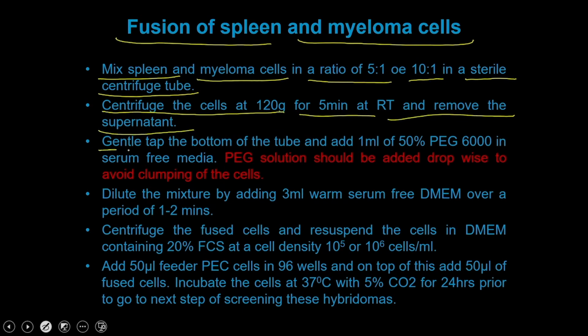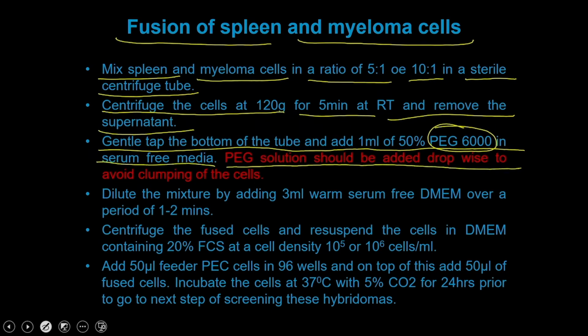Now, gently tap the bottom of the tube and add 1 ml of 50% polyethylene glycol or PEG 6000 in serum free media. The PEG solution should be added dropwise to avoid clumping of the cells. So, polyethylene glycol is the fusion agent.